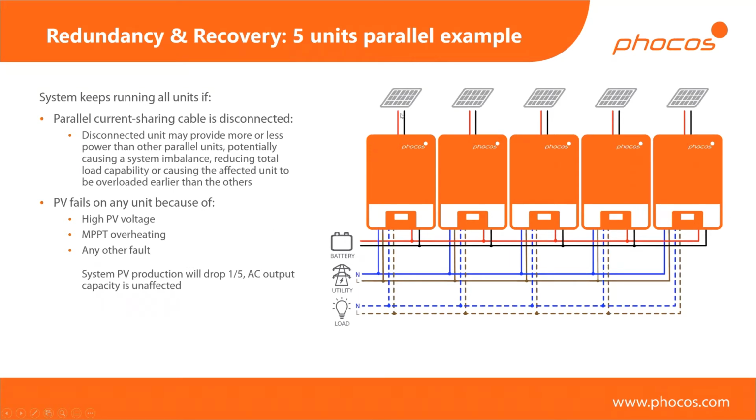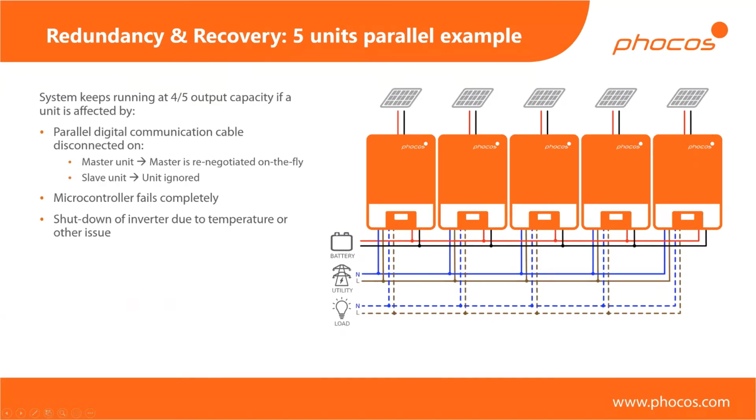Or if you have any other fault on the PV side, that will not affect your system, apart from the fact that, of course, you will be missing 1/5 of your PV power in this example. But it won't affect your AC side at all. Your system will keep running with 4/5 of the capacity, so basically you lose one unit in these cases.